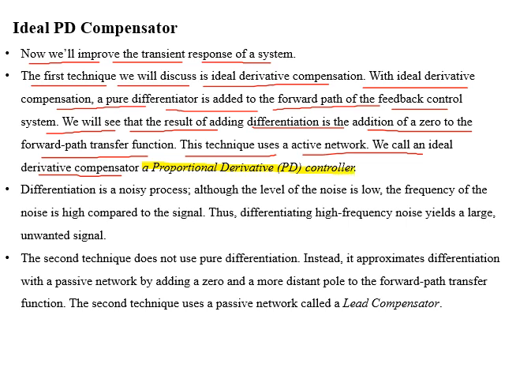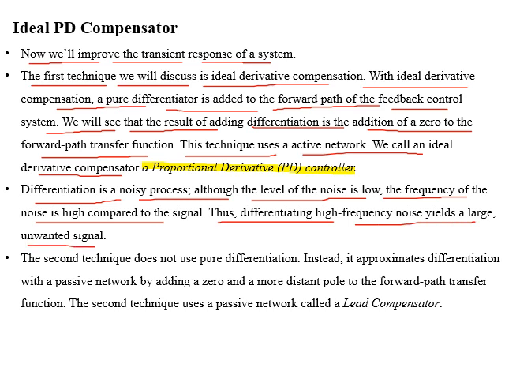Differentiation is a noisy process. Although the level of noise is low, the frequency of noise is high as compared to the signal. So differentiating high frequency noise gives us a large unwanted signal.